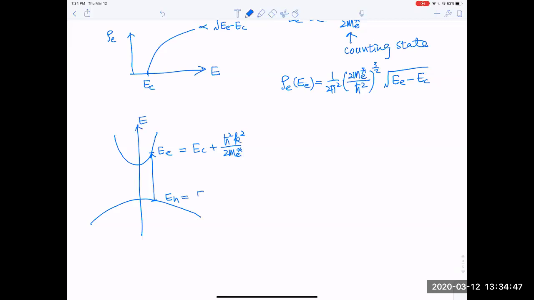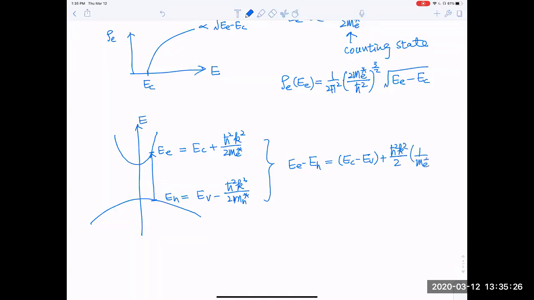And E_h is equal to E_V minus h bar squared k squared divided by 2 m_h star, okay? And if you subtract these two equations, you will have E_e minus E_h equal to E_C minus E_V plus, really, these are the same factor here, h bar squared k squared over 2 times 1 over m_e star plus 1 over m_h star.